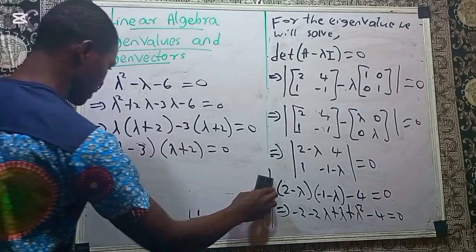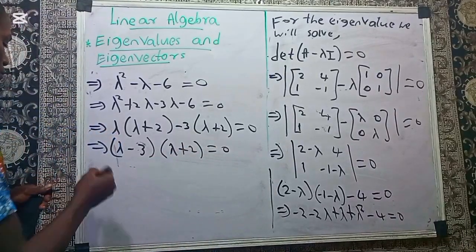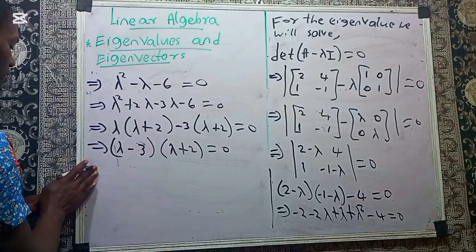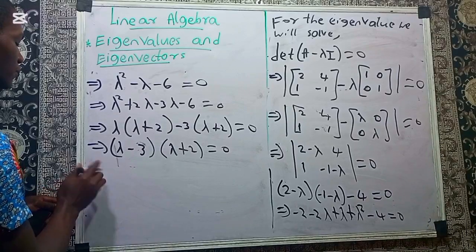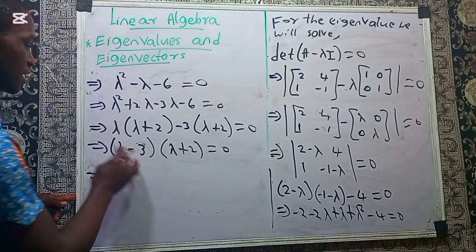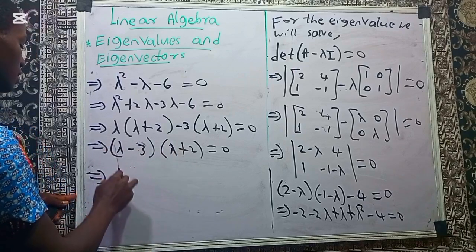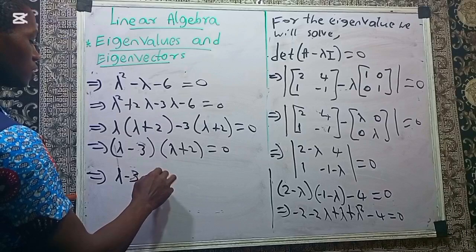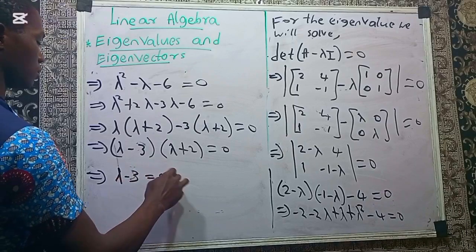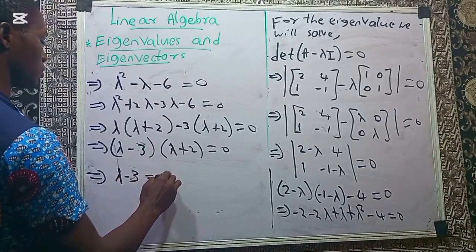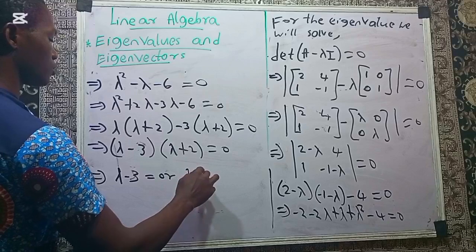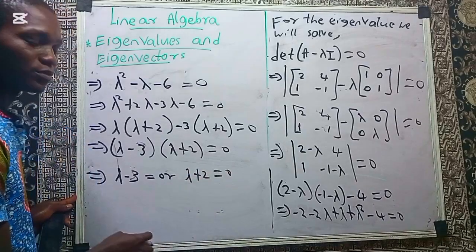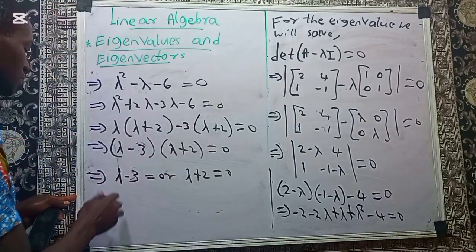So the next thing we are going to do is to find the values. The product of these two quantities is giving us 0. It means that lambda minus 3 is 0, or this lambda plus 2 is 0. These are the two possibilities for the product to give us 0.